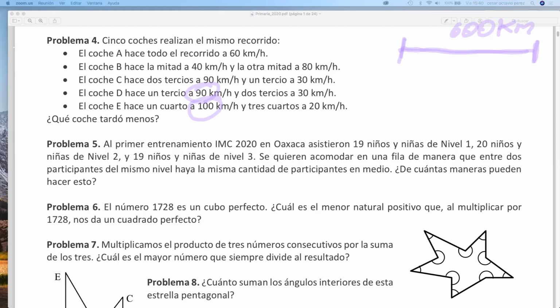Maybe I need to use another number. But you understand the idea? We can make our own example for solving this one.